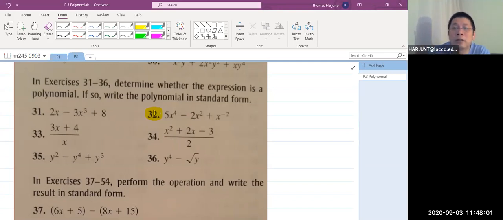The answer is no. Why not? Yeah, one of the terms has a negative exponent. That's right. So the issue is here. Okay, so that's not a polynomial.